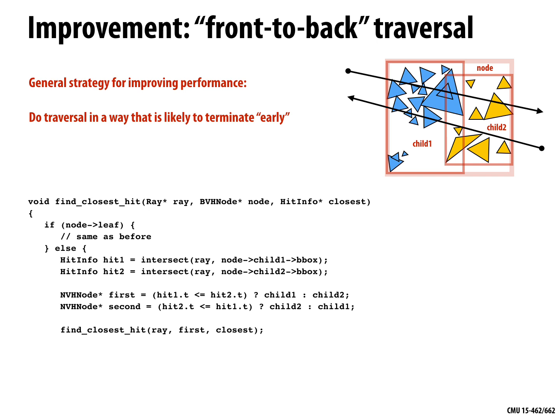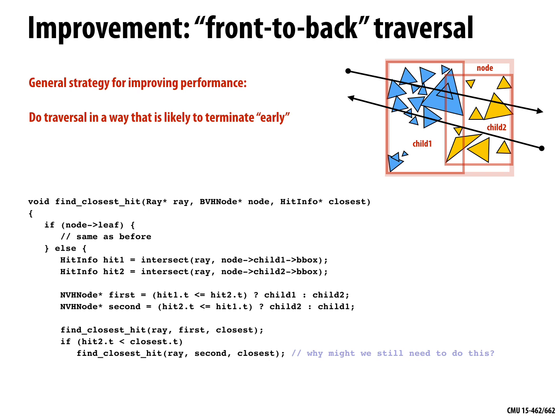Next thing we do is we say, all right, we're going to look at this first node first. Whichever one had the smallest hit time, we're actually going to go into that node and find the closest hit within it. And after we're done with that, we ask, okay, is the hit time of the second child smaller than the closest thing that we found in the first child?